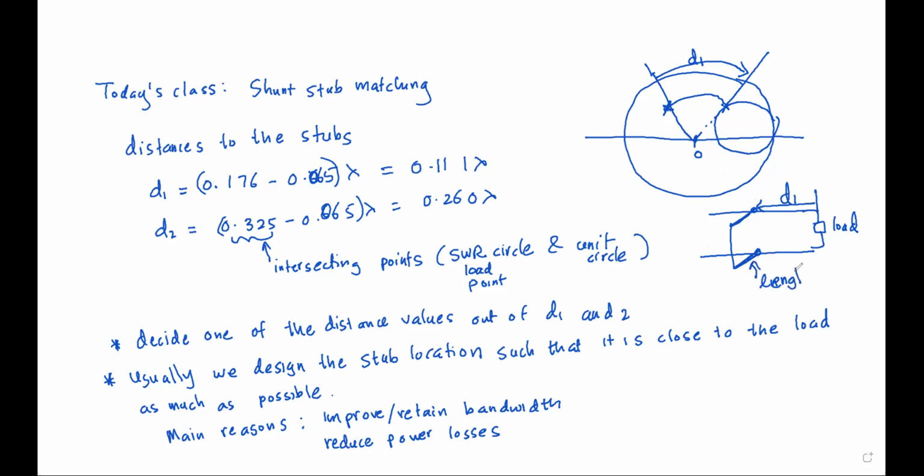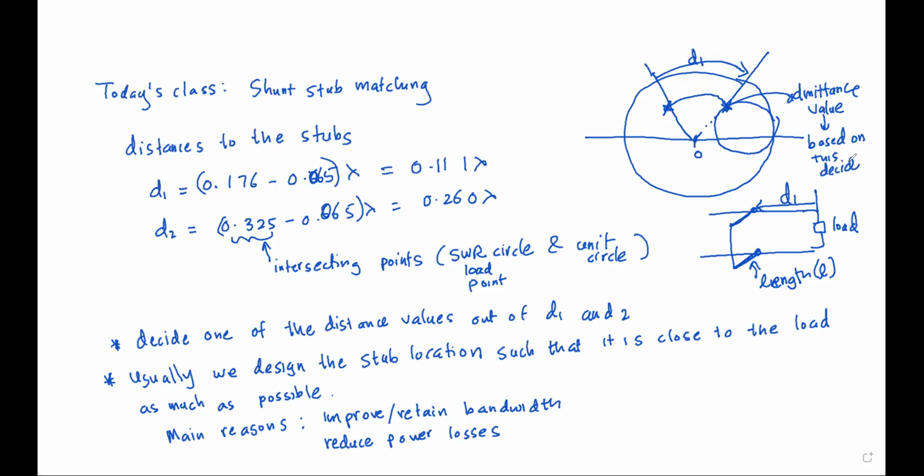We need to decide that based on the admittance that we see here. Okay, so we observe some admittance at this intersection point. So based on that admittance value, we need to decide the L value or the length.